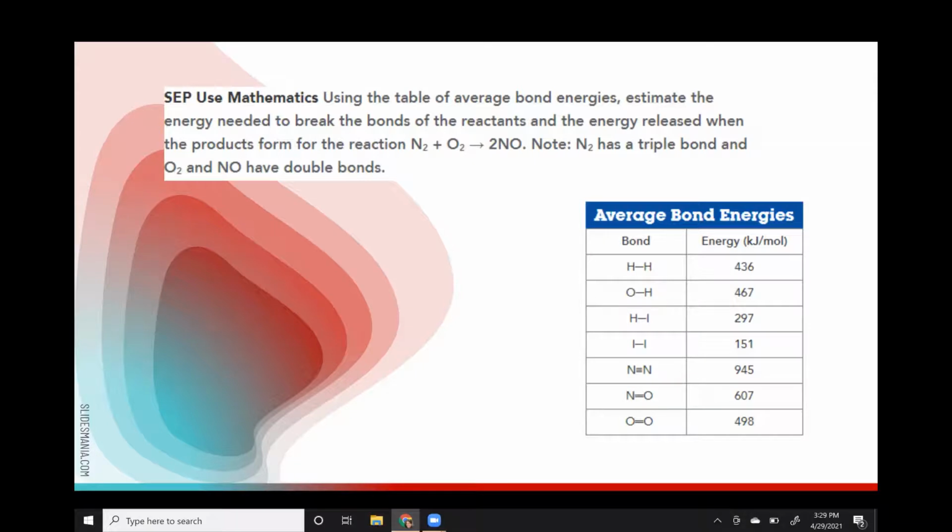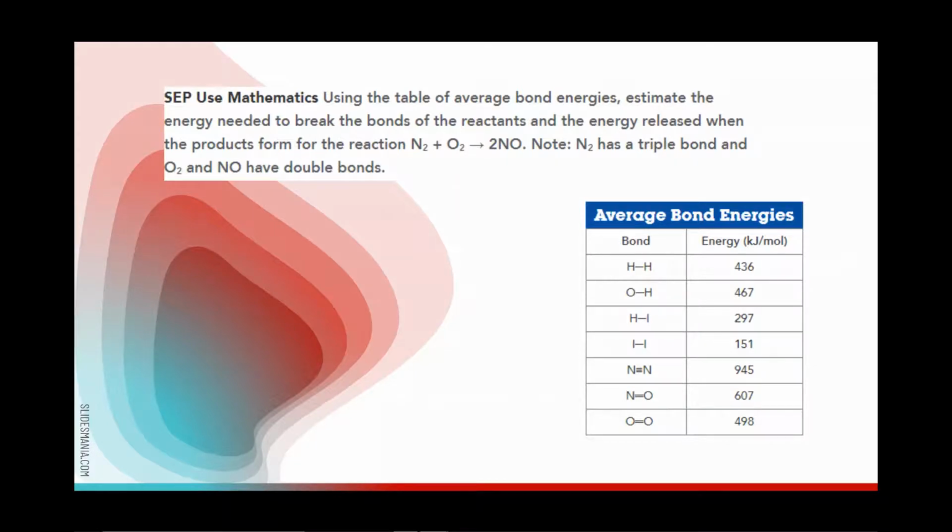All right, so let's look at our reactants. Our reactants are N2 plus O2, or nitrogen and oxygen. We have nitrogen, which we were told was a triple bond, so there it is, and oxygen, which is a double bond, and it's right there. Notice that there's no coefficient in front, so it's just one of each.